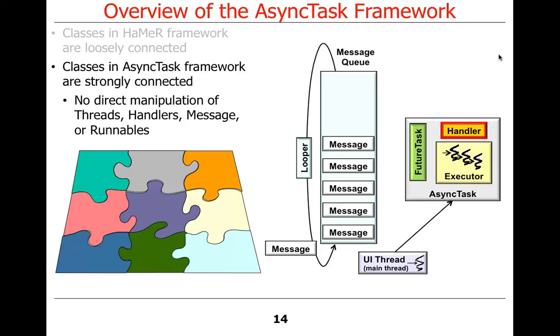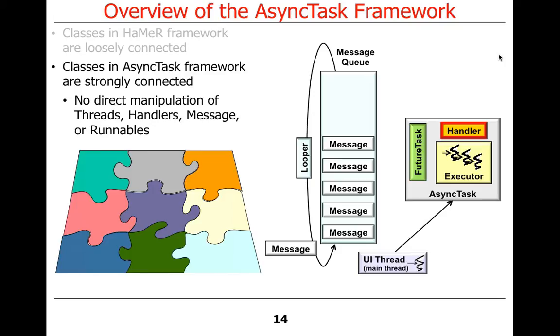The other cool thing about async task is you don't have to know anything about threads or messages or runnables or handlers or future tasks or executor pools, unless you choose to. There's a few things you can customize if you want, but most of that stuff is hidden for you. And they use stuff internally like handlers and other things, but you don't have to be exposed to those things directly.